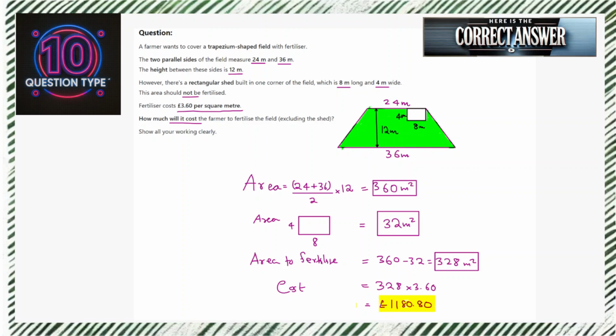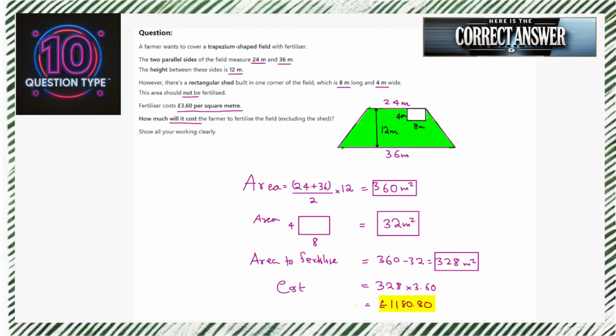So the dimensions of the trapezium shaped field are marked on the diagram. Then you can find the area of the trapezium, which is 360 square meters. However, there is a rectangular shed built in one corner, which is 8 by 4. So the area of the rectangular shed, the base, is 8 times 4, 32 square meters. Obviously, you don't need to fertilize the base of the shed.